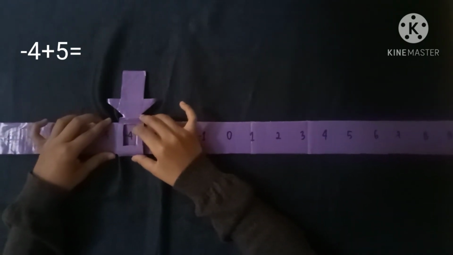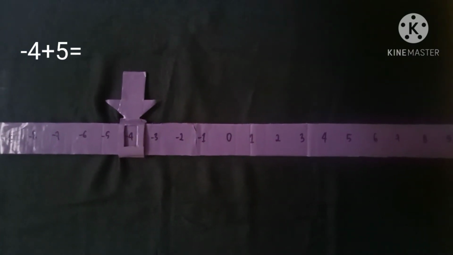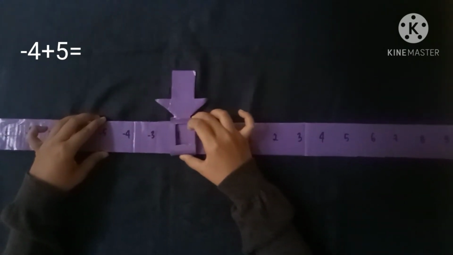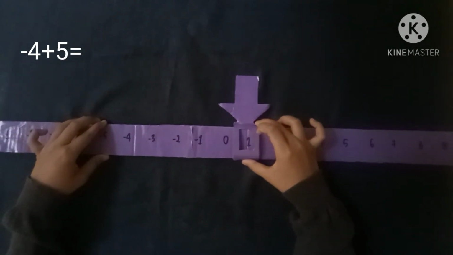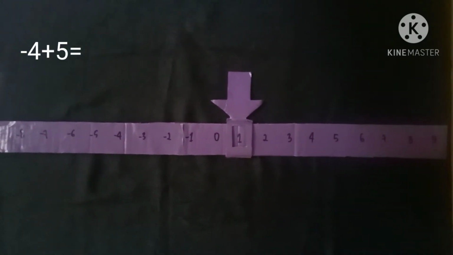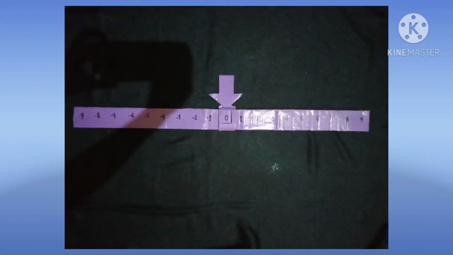Then, because the value is positive, the arrow moves again towards the right as much as 5 units. The dotted line to the right represents a positive value and is the result of the operation negative 4 plus 5 equals 1.